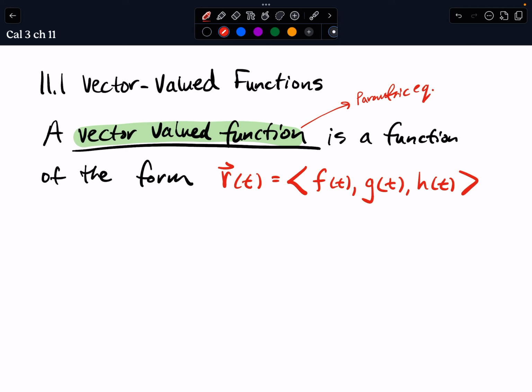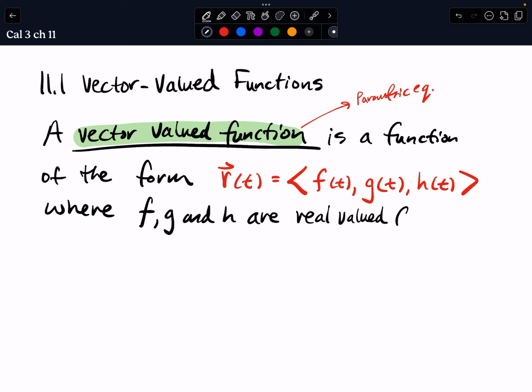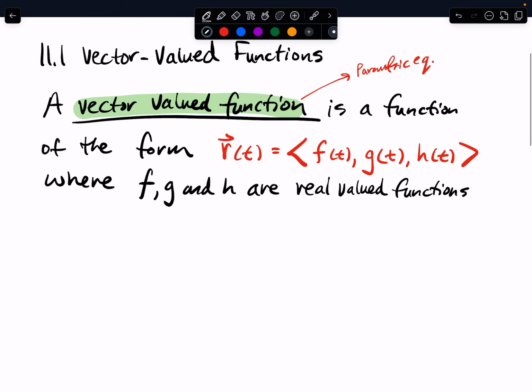This is where f, g, and h are real valued functions. Okay. So let's define what the domain and range of this vector valued function is. So what is the domain?